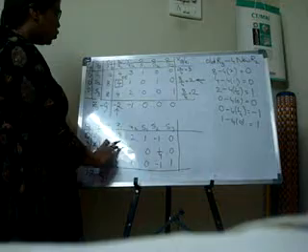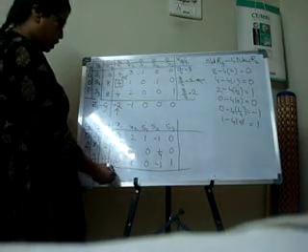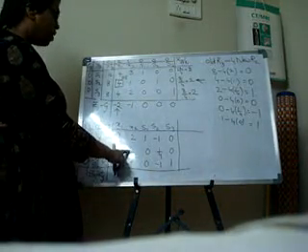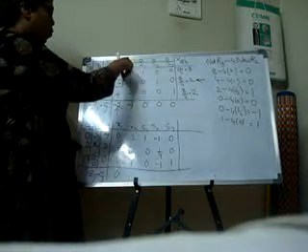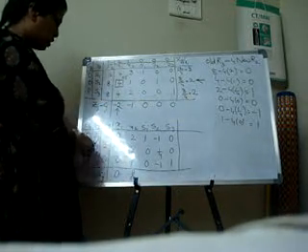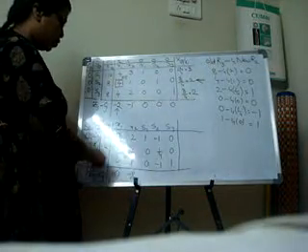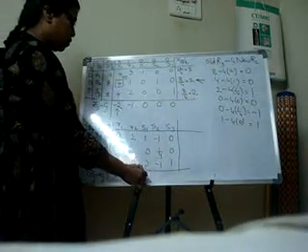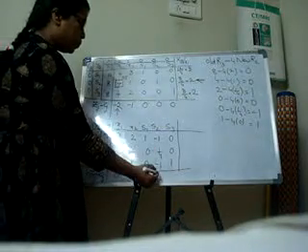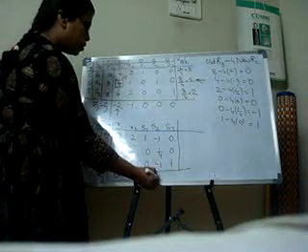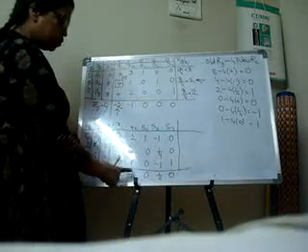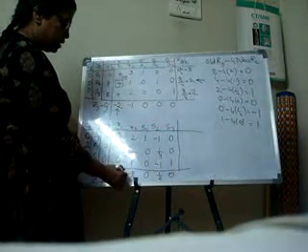This is 2. 2 minus 2 is 0. Then half minus 1 is minus half. And 0, 0, 0 minus 0. And this is 0. So there is only one negative value, which will enter.